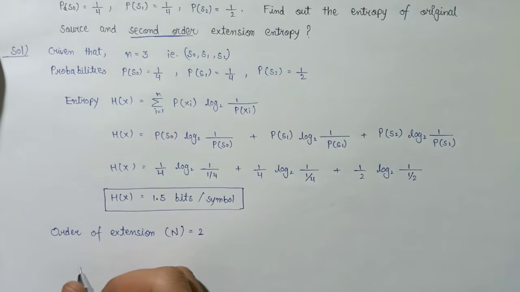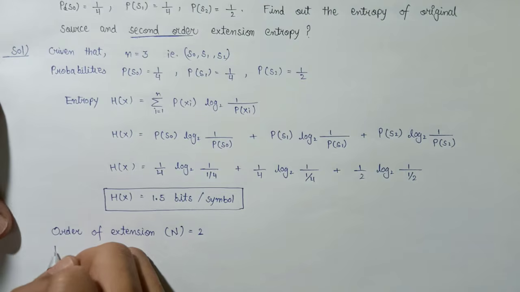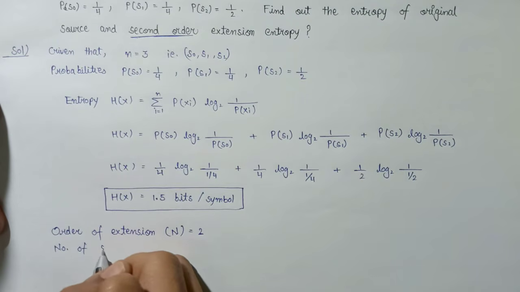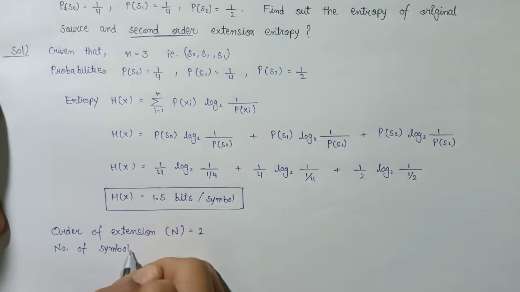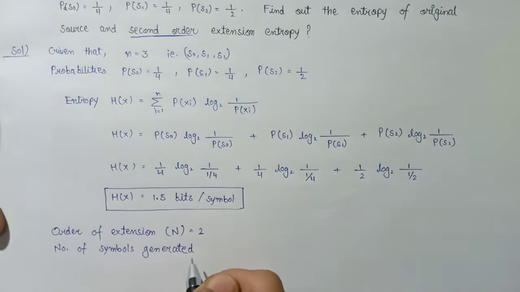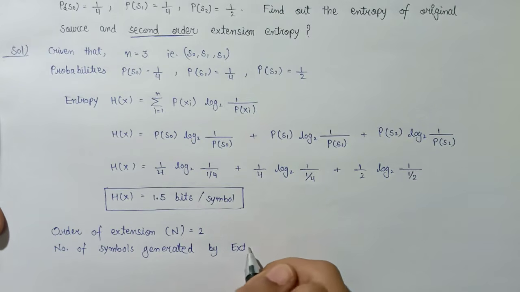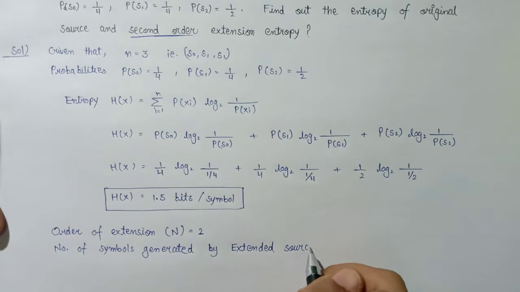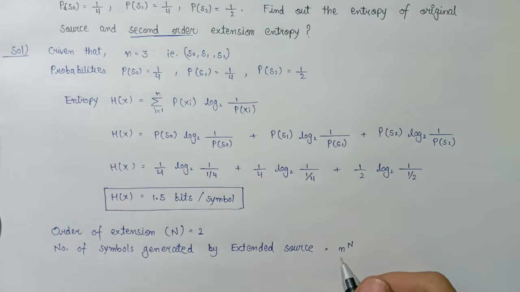So the number of symbols generated by the extended source would be small n to the power capital N, where small n represents the number of symbols generated by the original source and capital N is the order of extension.